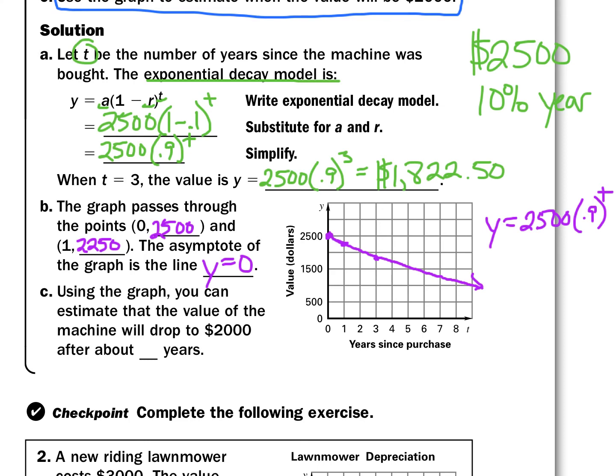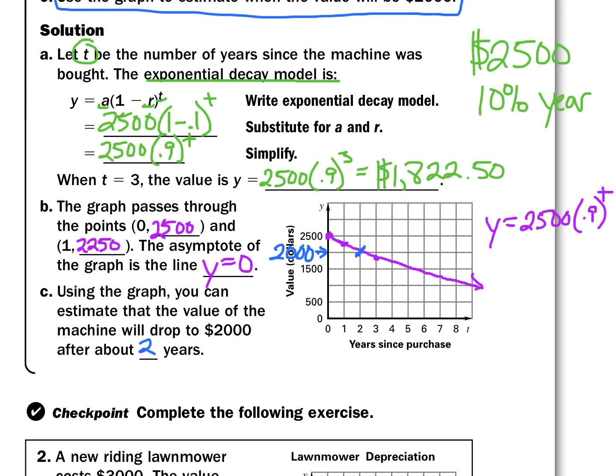Now we want to see, when did it actually hit $2,000? If you can see there, it must have hit $2,000 right there. So $2,000 must be right at about 2 years.